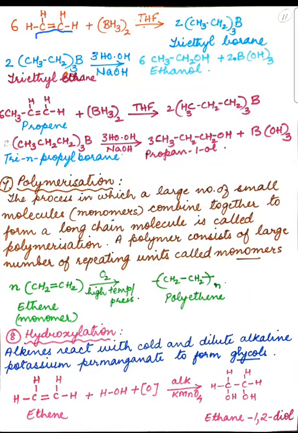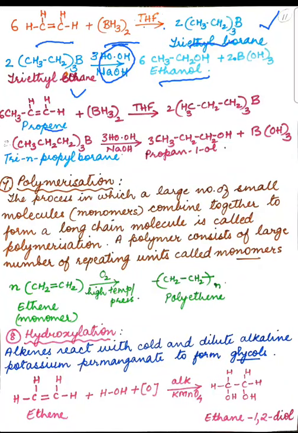This is ethene. It adds on this diborane to form triethylborane. That is, ethene reacts with diborane to form triethylborane, and this triethylborane on oxidation with alkaline peroxide, hydrogen peroxide, forms ethanol.